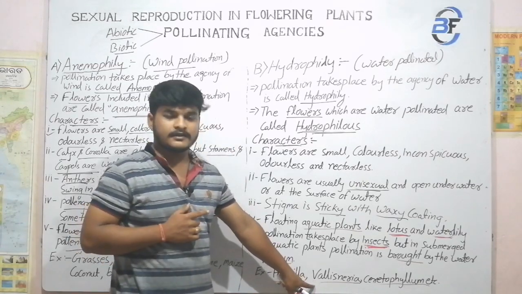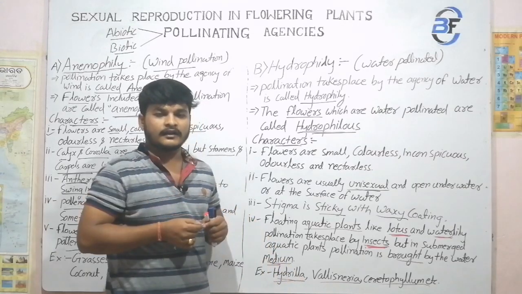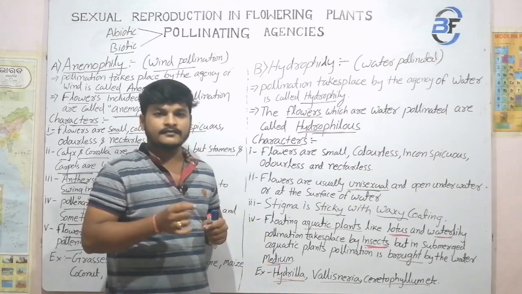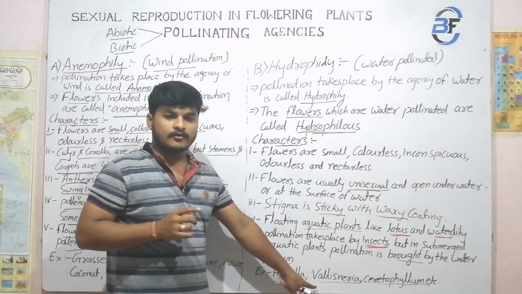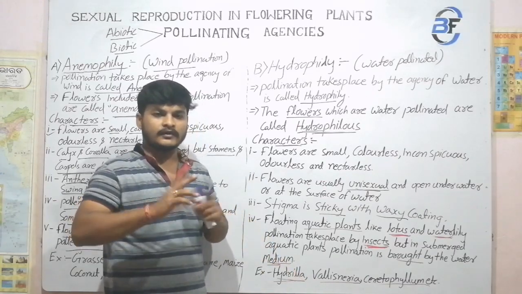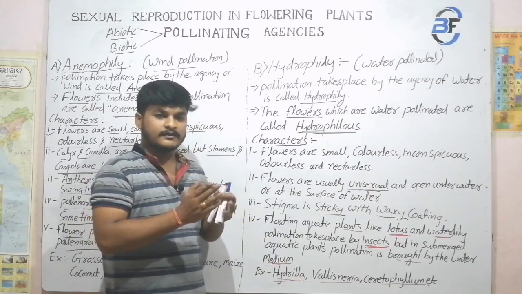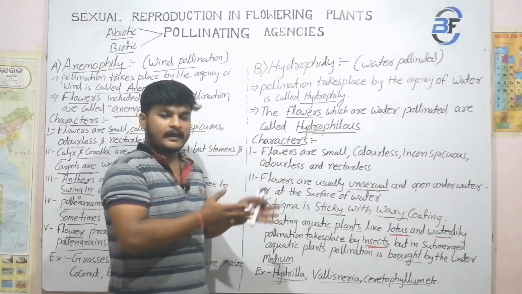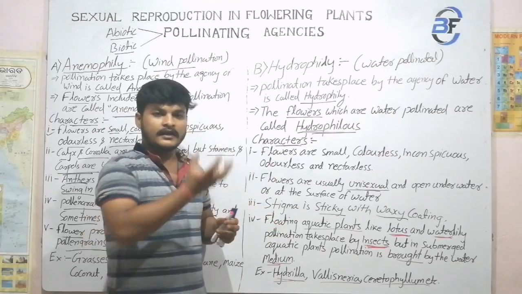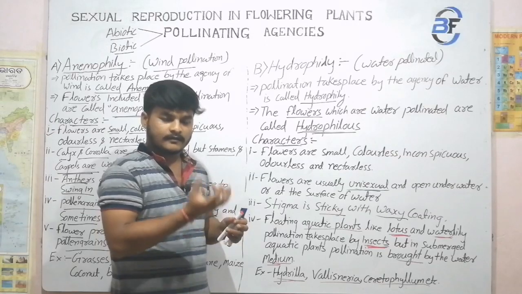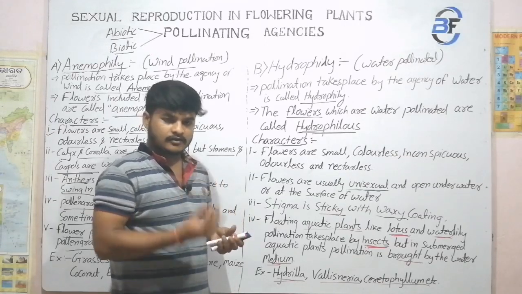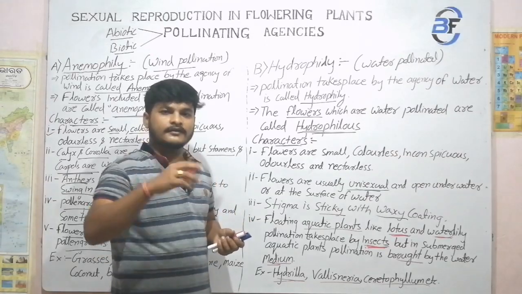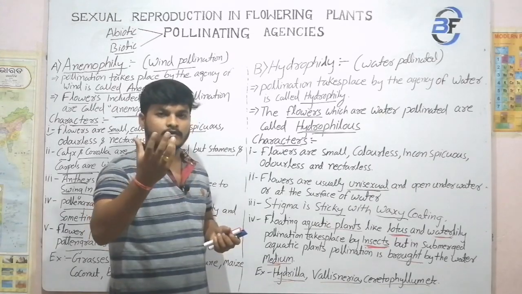Vallisneria has feather-like stigmas and scale leaves, and the male and female reproductive organs are in different flowers. The male flower is in the submerged water body and the female flower is on the upper surface of the water body.